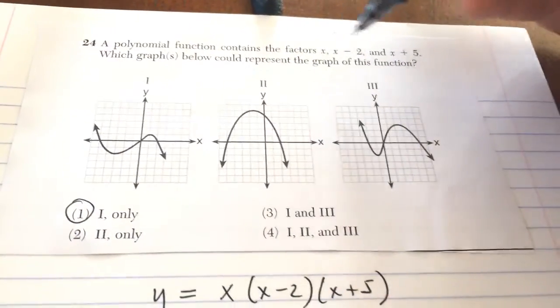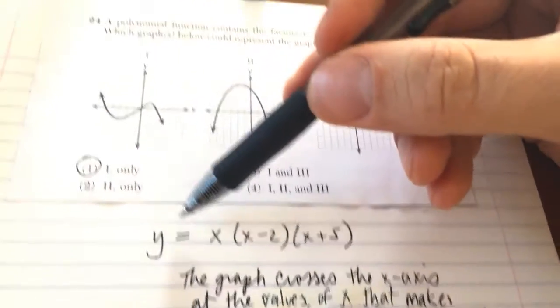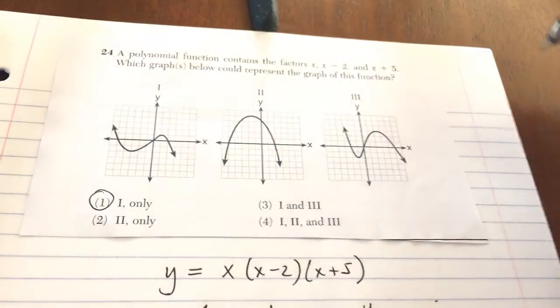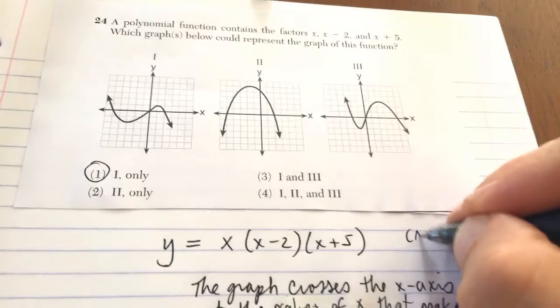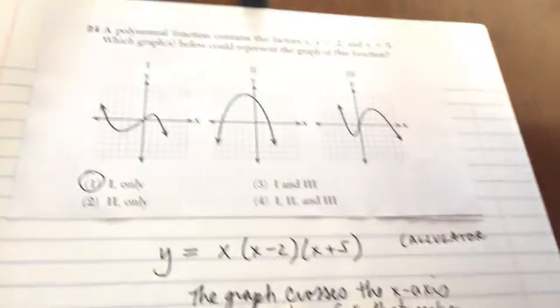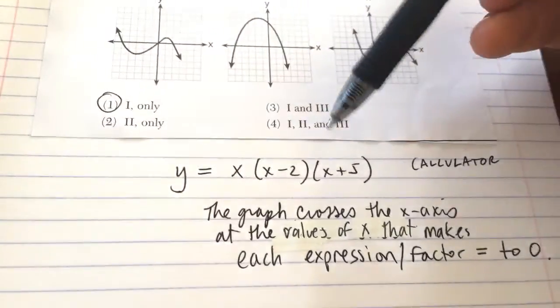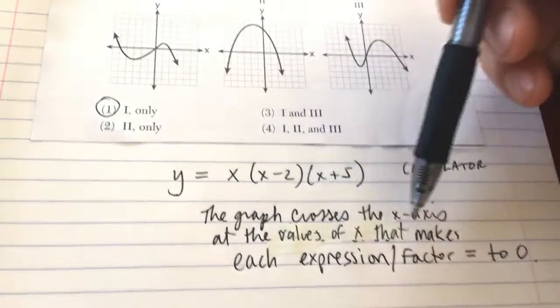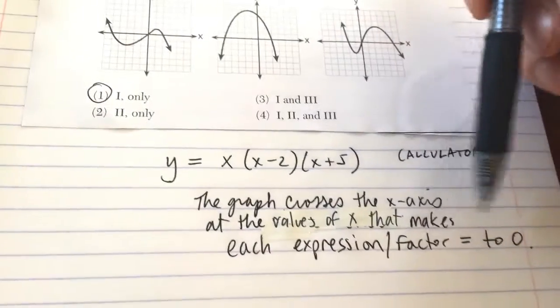A polynomial contains these three factors, so I wrote it like this: y equals x times x minus 2 times x plus 5. I would suggest putting it into your calculator and looking to see which of these graphs it most similarly looks like. But what we know is that this graph is going to cross the x-axis at the values of x that make each expression or factor equal to 0.